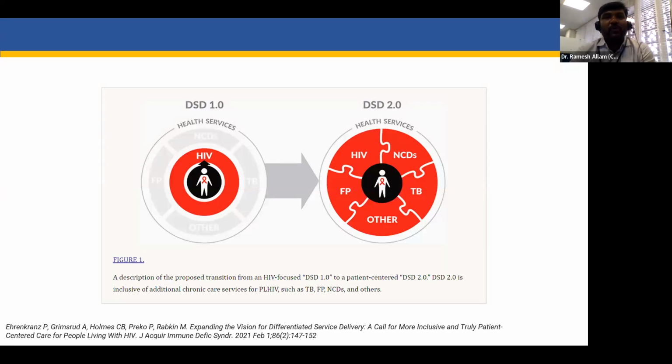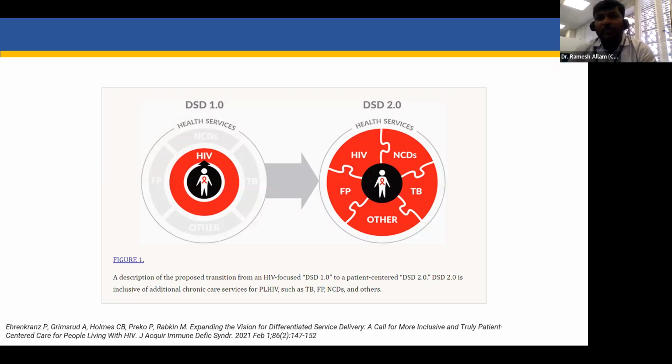For example, if you look at the image on the left, that is DSD 1.0, in which surrounding the patient is HIV, and around HIV are all these NCD, TB, and other services of care.